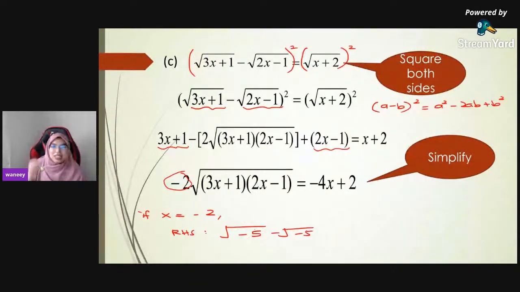Inside the square root, we cannot have a negative number because otherwise we are going to get something imaginary. Therefore, this one should be rejected because once we substitute, it becomes a negative number inside the square root. So that is why x equal to negative 2 must be rejected.